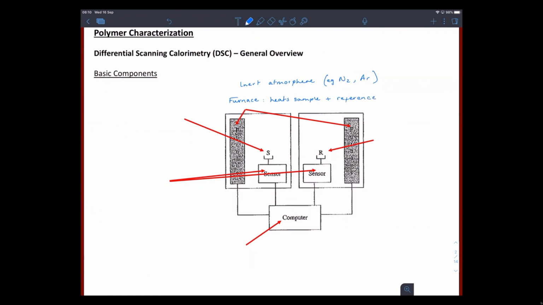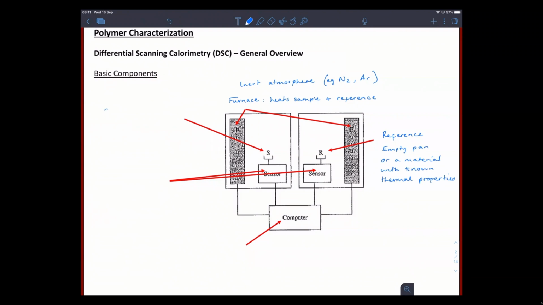Now the reference used for these is normally an empty pan, by that I mean the empty crucible, or a material with known thermal properties. It basically gives us some kind of baseline to compare our sample to.